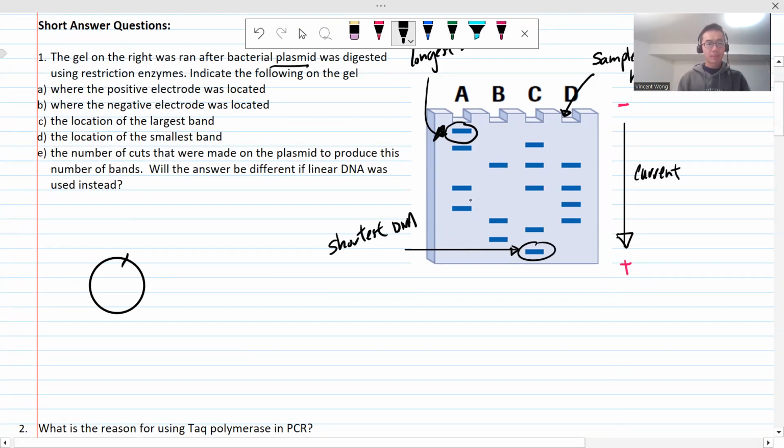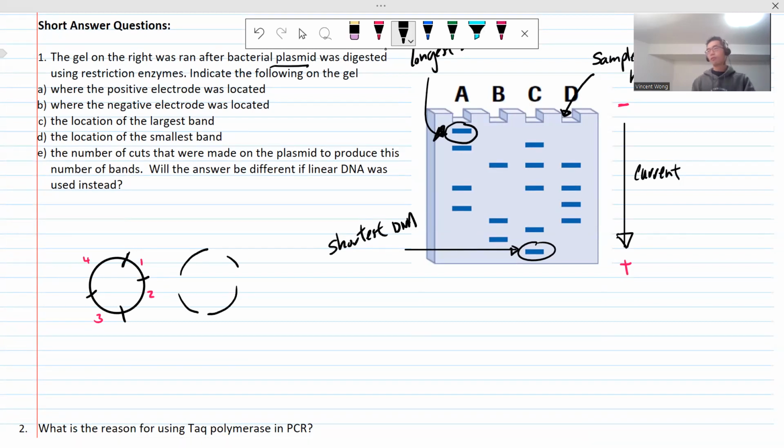So look, if this is the plasmid and I cut it 1 time, 2 times, 3 times, 4 times, then I would have 4 fragments. I can draw it out for you. So you get 4 fragments like that. And when you load that into the gel, it will separate according to the length. The longest one is closest to the top.